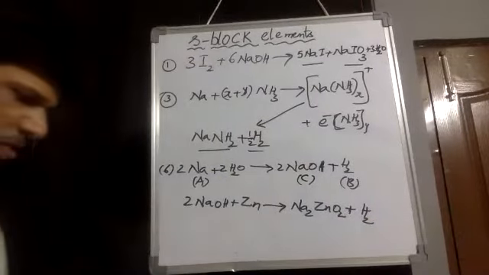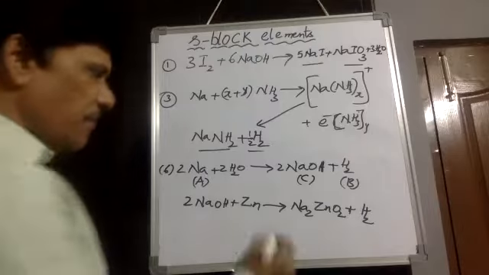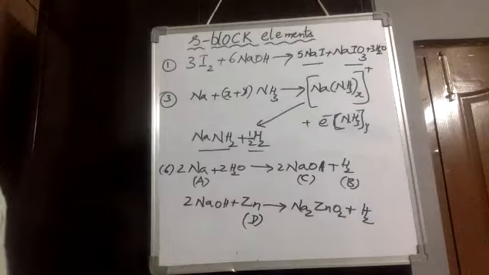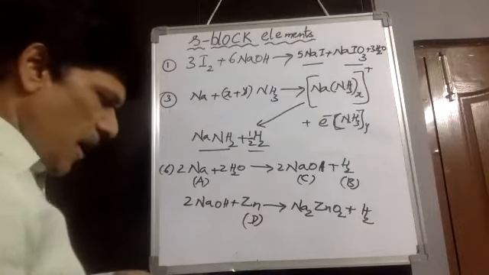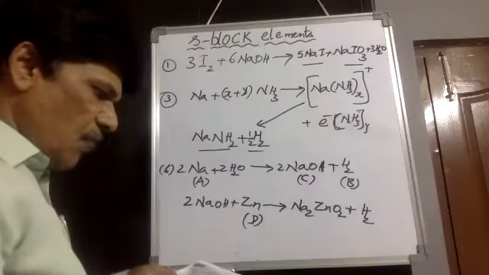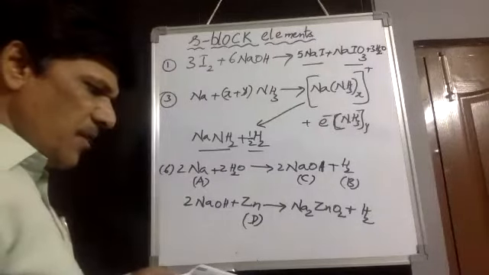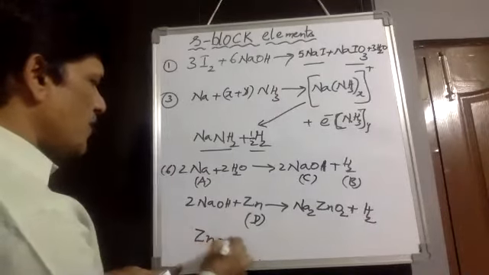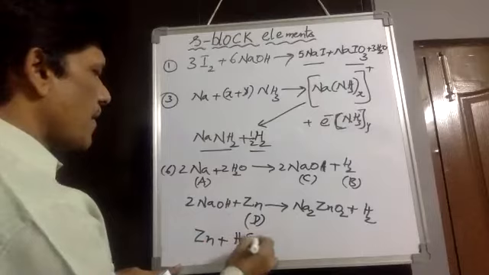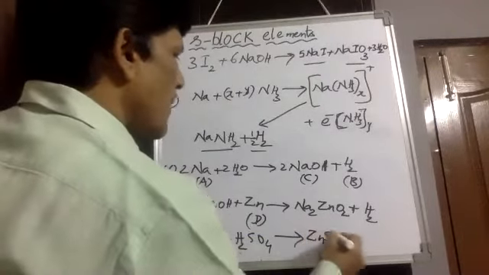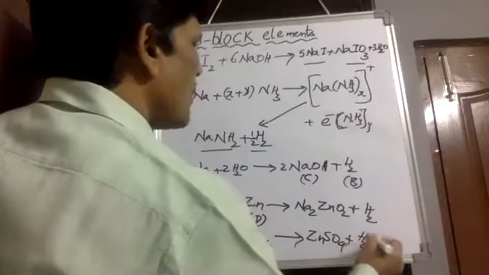Therefore, another substance D, that is zinc metal, reacts and the corresponding compound is produced, and also gas B. Then with dilute sulfuric acid at room temperature, dilute sulfuric acid reacts with D and it is converted into zinc sulfate plus hydrogen gas.